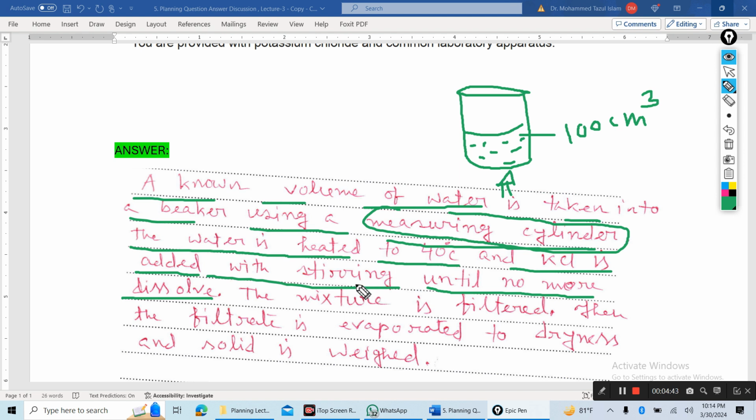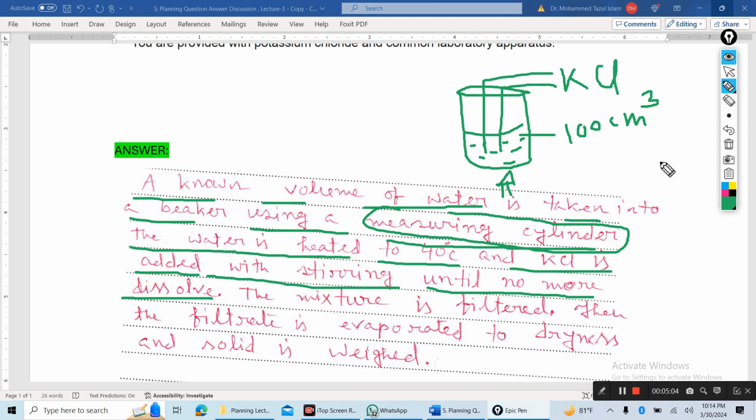That means at first you will add some potassium chloride, then stir, and it will dissolve. Again you add a small amount of potassium chloride and stir, and you will see it dissolve.